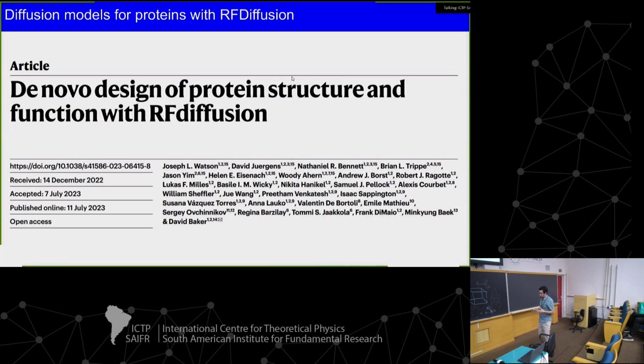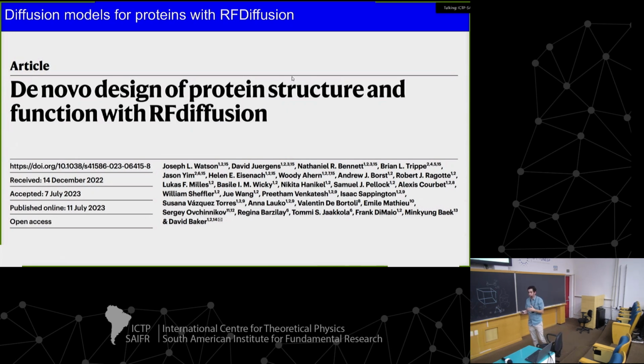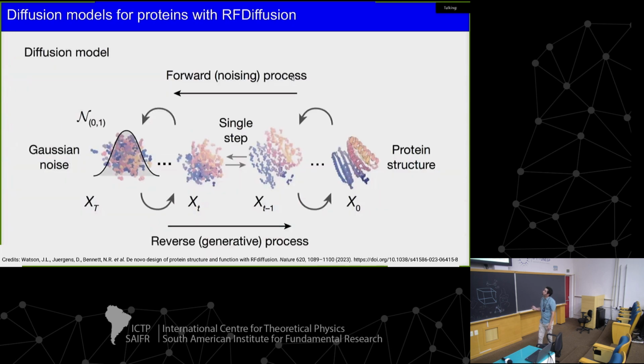Usually, most of the methods that were used for text, images, videos, people start to apply in the protein field, right? So this is a method called RF diffusion. I'll just give some examples of how it works.